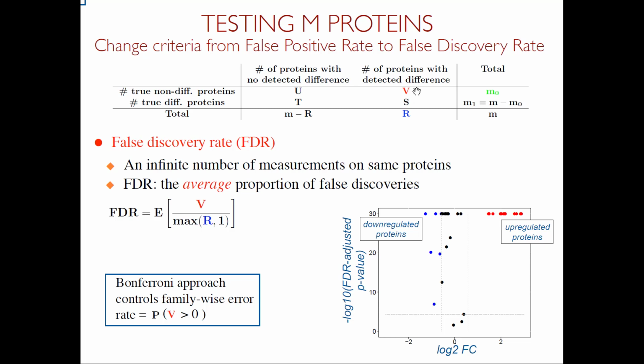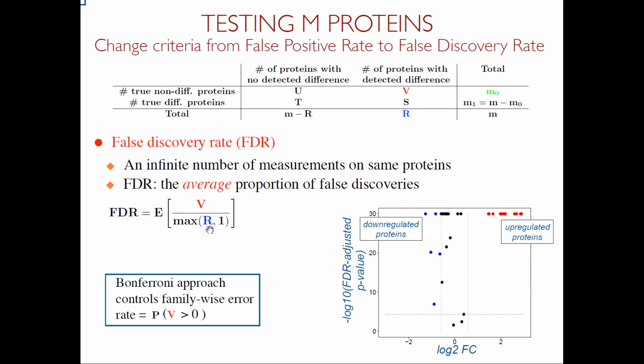So that's what Bonferroni is doing. But false discovery rate will say, I'm fine with V being 1, 2, 3, 4, 5, whatever, as long as I can control the proportion of V in R, right? So the proportion of false positives in the full list of rejections. And so false discovery rate is actually the expected ratio of V over R.